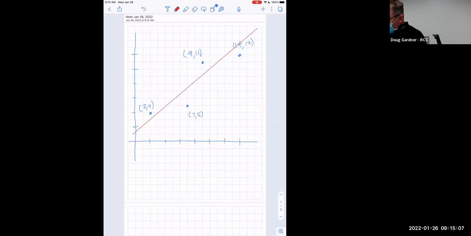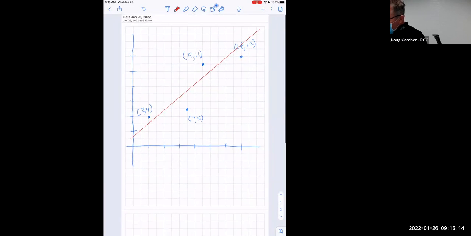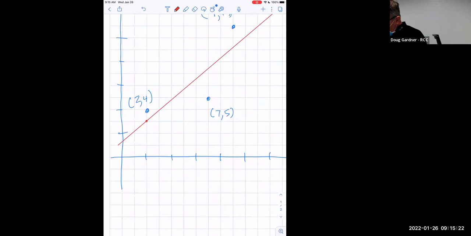So my question to you is, can you find the equation of that line? Let's pick some points that it looks like it crosses. Notice none of the points even touch the line, but the trend line goes through them, and that's decent. This is the point 2, 3. That point goes through.